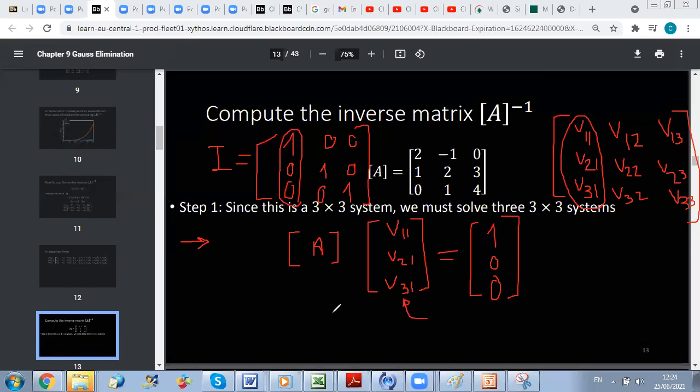The first step will be to decompose A into the product of a lower triangular matrix L times an upper triangular matrix U. And how can we come up with L and U? We have seen two techniques together: the LU factorization and the Cholesky method.